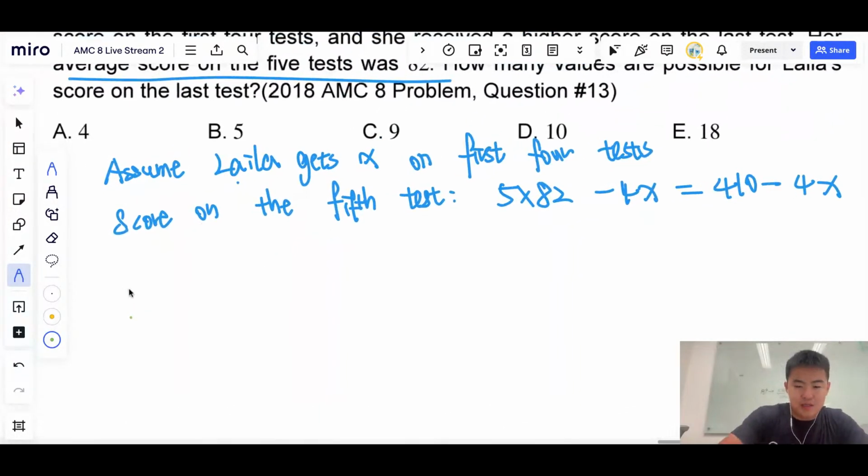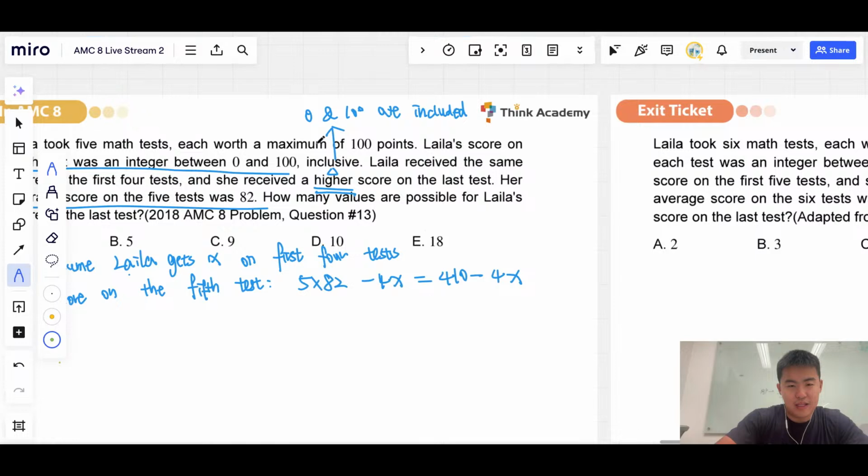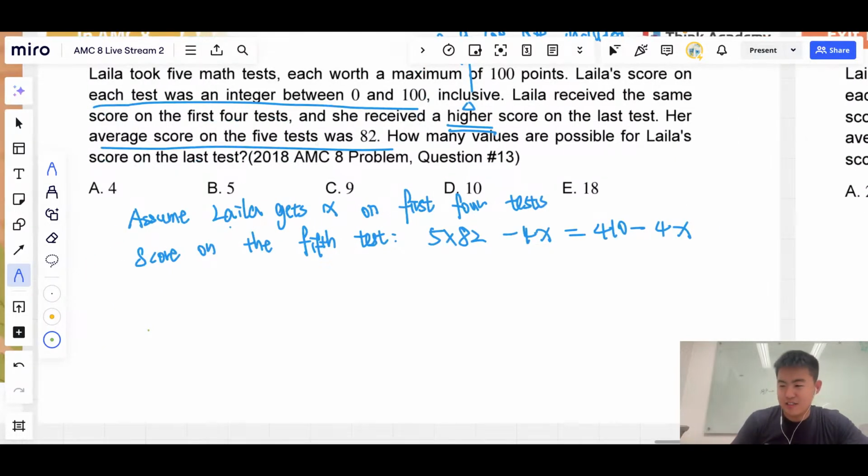Okay, let me zoom in a little bit. Good. Because she has a higher score on the last test, that's our given condition.